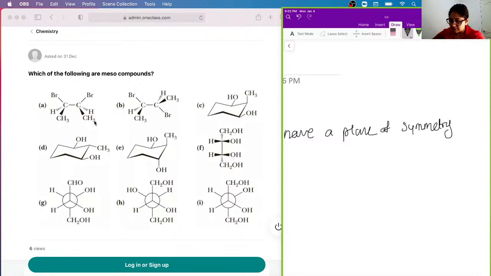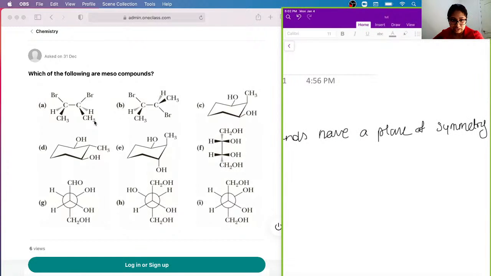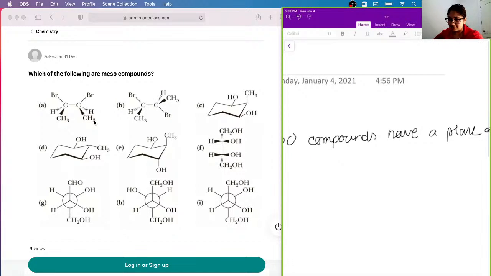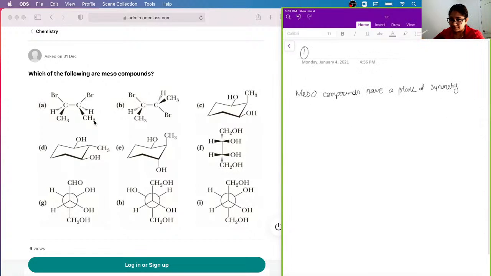So if you divide a compound in half, you will have the same substituents on each side, on the same side of the plane. For example, we could say which ones are meso compounds here.